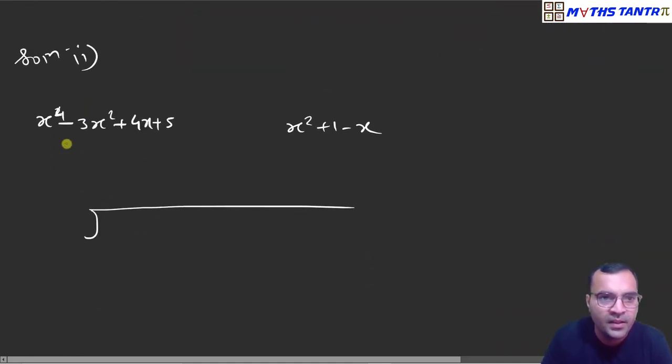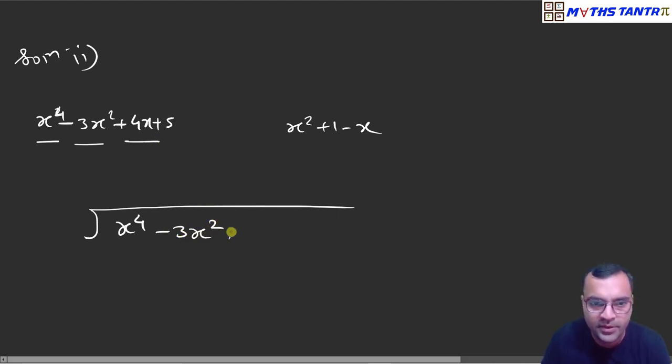I should write it in the descending powers of the variable. So first is x to the 4, then it should be x cube, but x cube is not there. Then the second one, x square, is there. Then the third one should be x, so x is there. And the constant is also there.